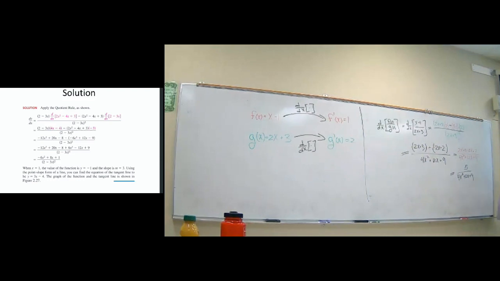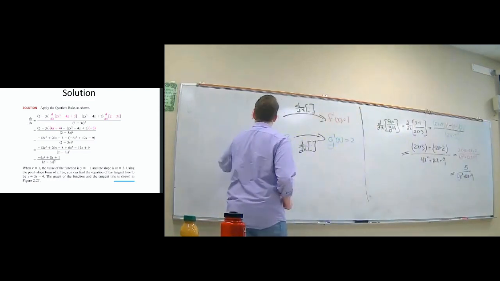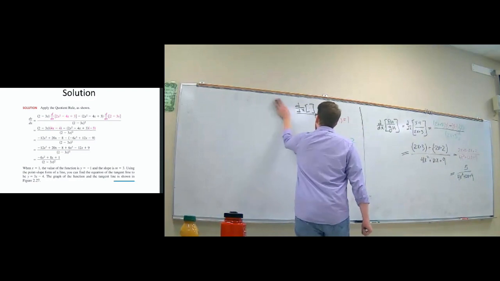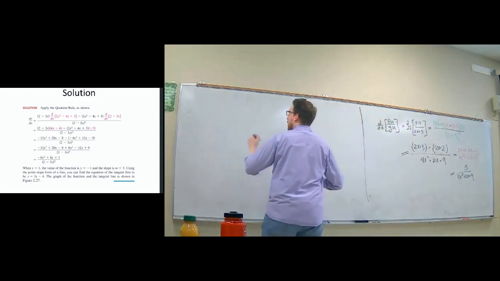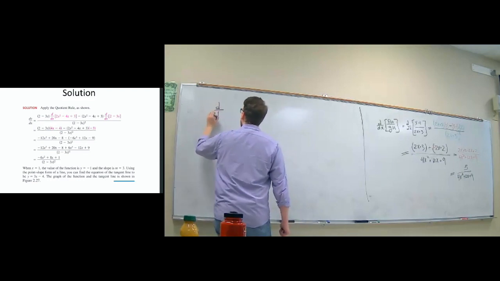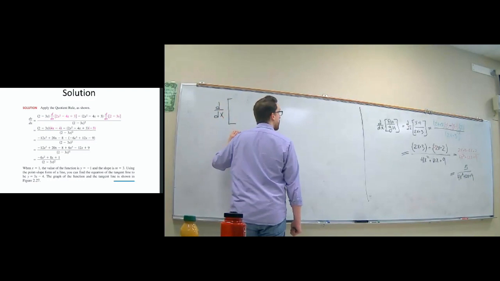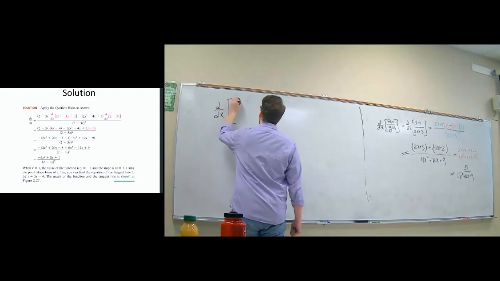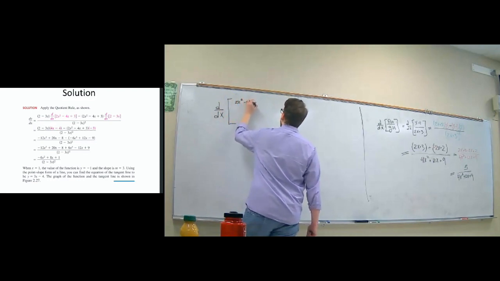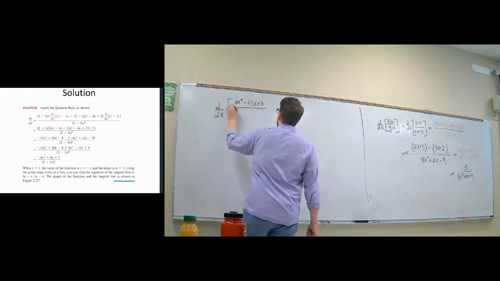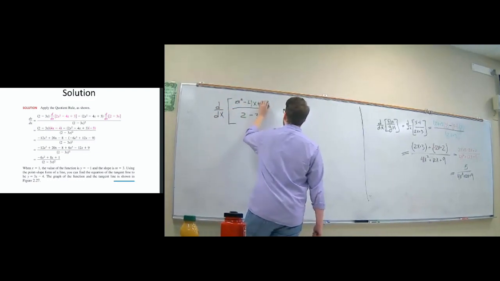So what we're going to do here is say, all right, erasing all this, d/dx of 2x squared minus 4x plus 3, divided by 2 minus 3x.